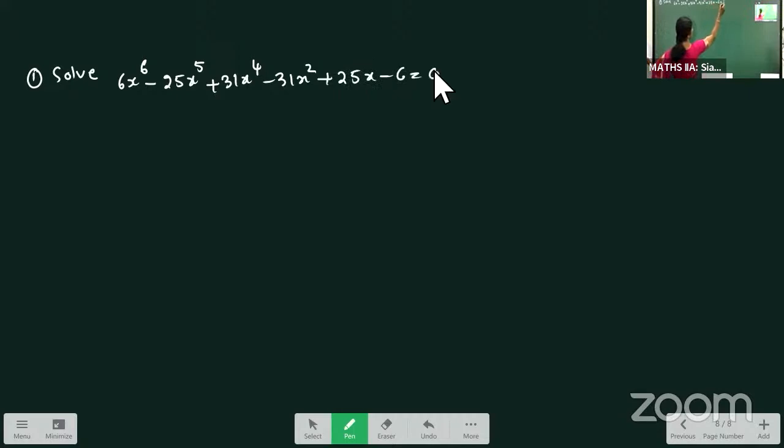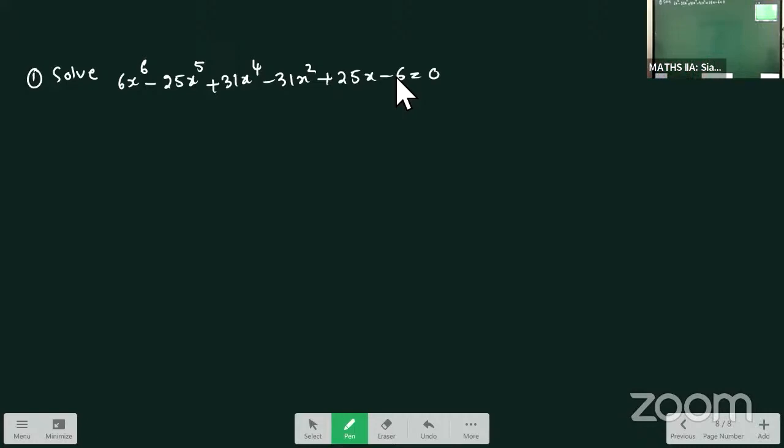Solve 6x to the power 6 minus 25x to the power 5 plus 31x to the power 4 minus 31x square plus 25x minus 6 is equals to 0. Question will be asked like this, solve.